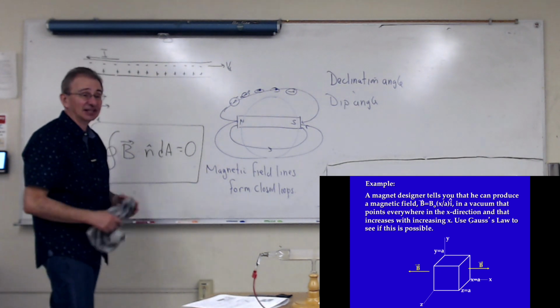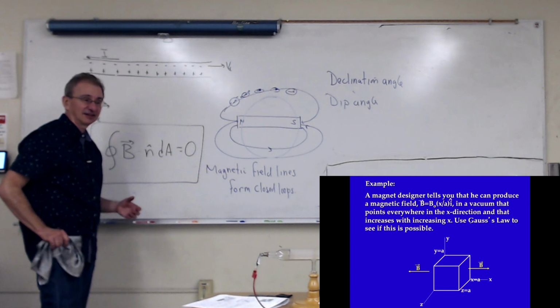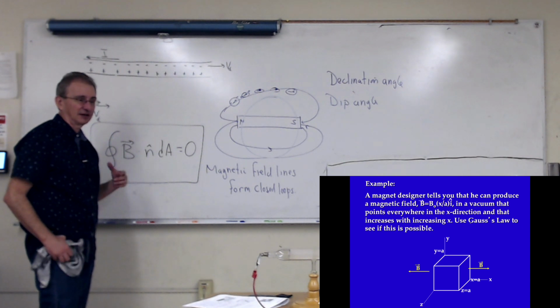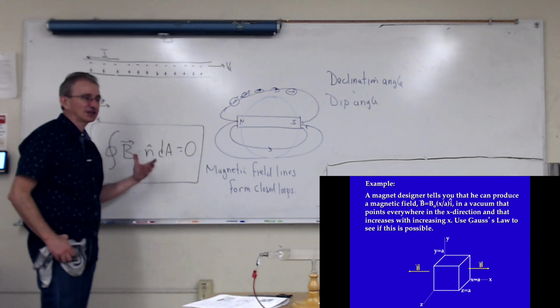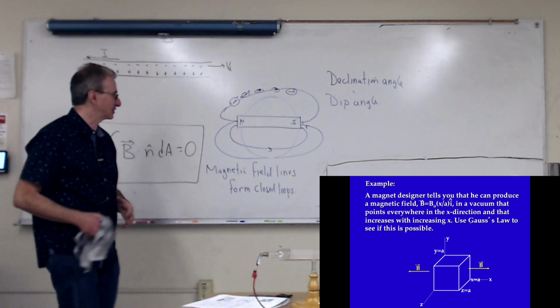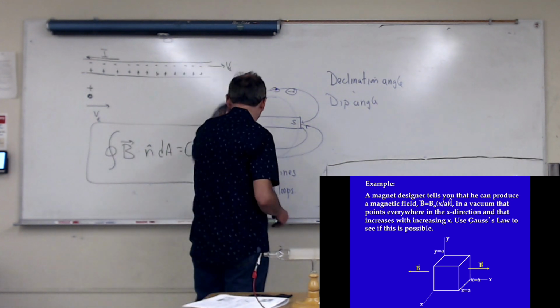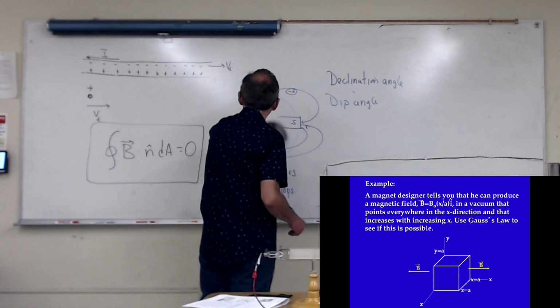I will say this: if you know Calc 3, if you understood the divergence theorem, the answer to this question would come very easily to you. But I actually have to do it the long way.